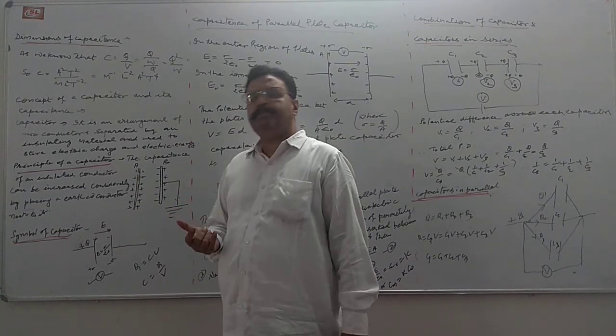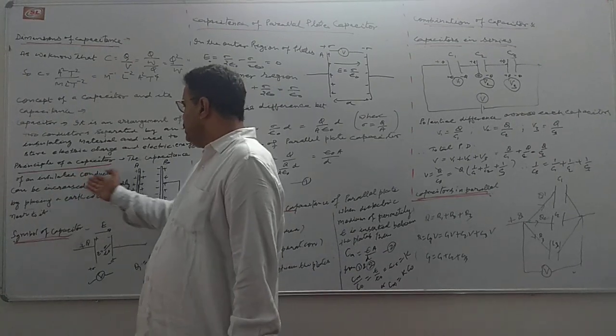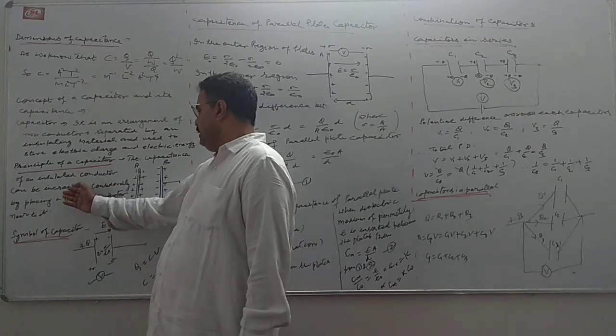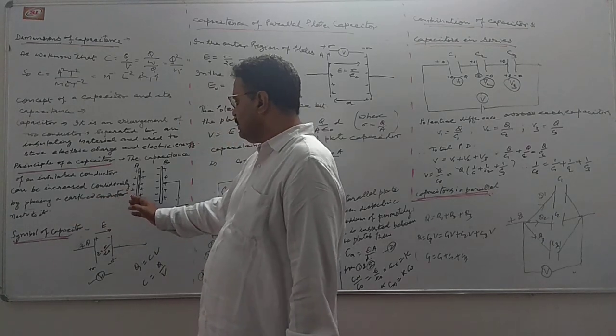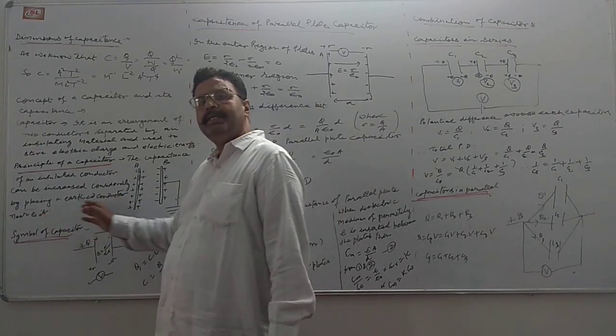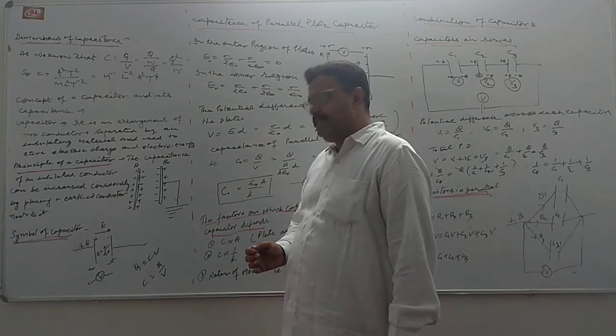So this is the principle of a capacitor: the capacitance of an insulated conductor can be increased considerably by placing another grounded conductor near it. This is the principle of a parallel plate capacitor.